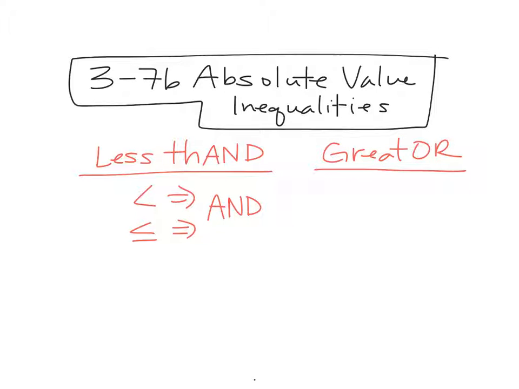So if you have this symbol or this symbol with the variable on the left, if it's greater or greater than or equal to, that is an or problem. So less than, greater, might help you just remember how you graph it and how it should get you your final result.